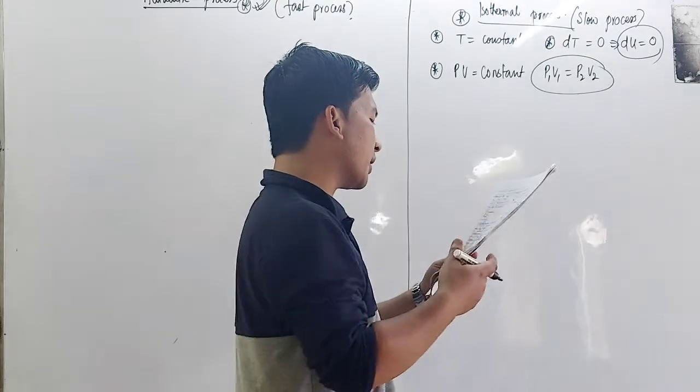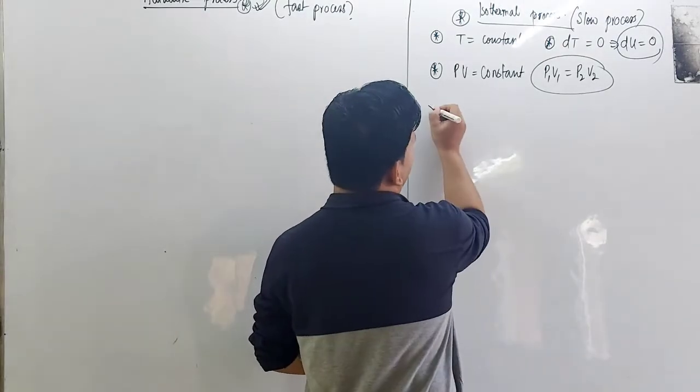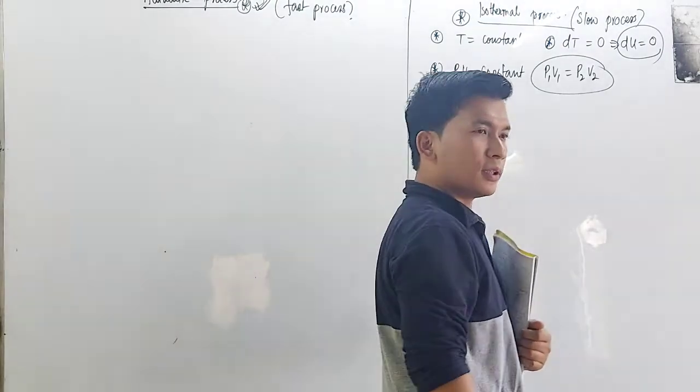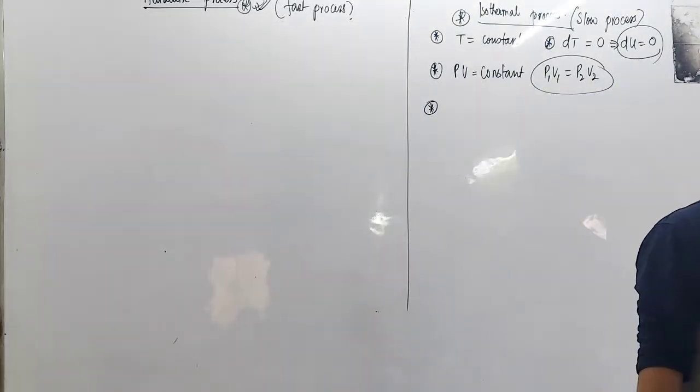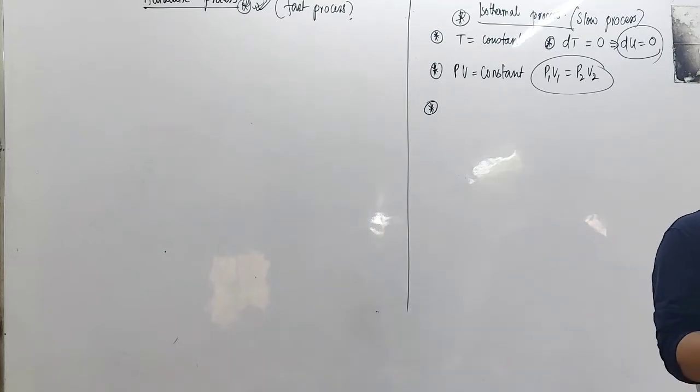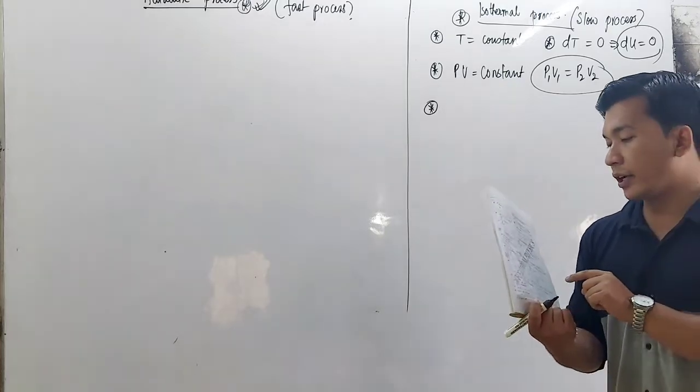Next point, this is to be remembered. We don't have any shortcut for this. I think this is also included in your chemistry. What is the work done in an isothermal process?